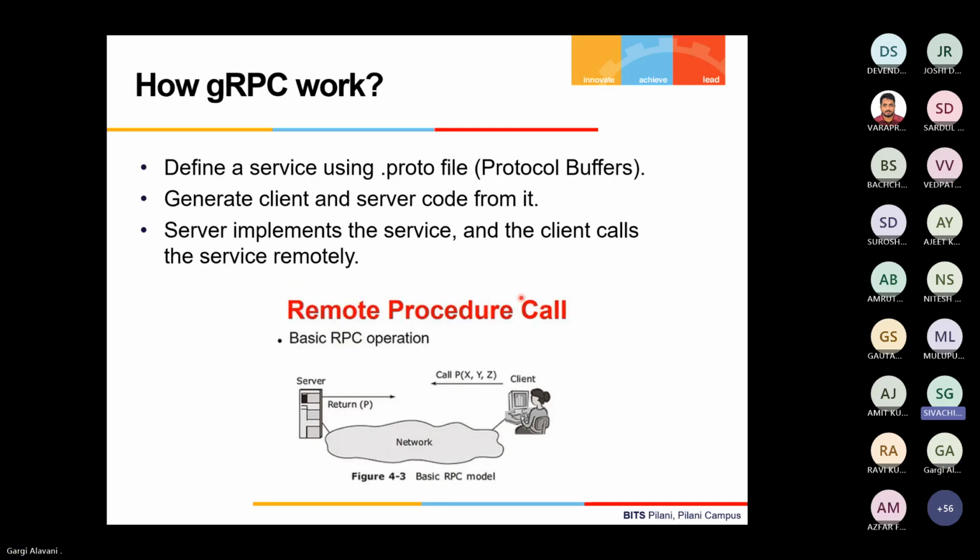We can define gRPC using a .proto file, which is a protocol buffer, then generate the client and server code from it. The server will implement the service and the client will call the service remotely.